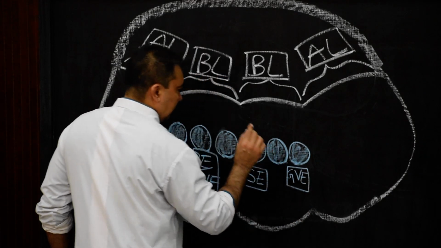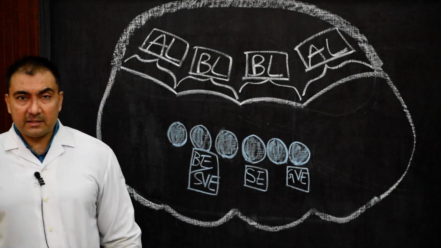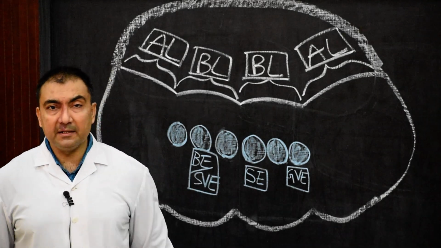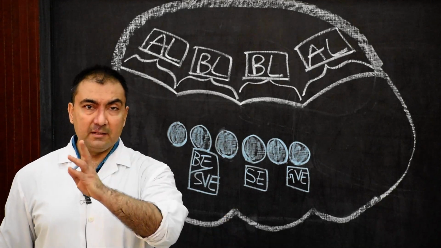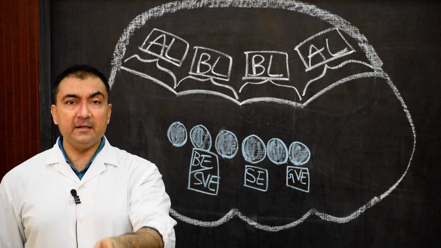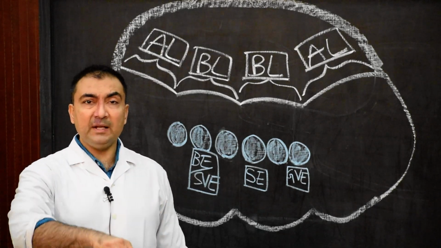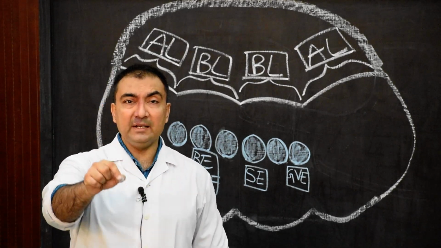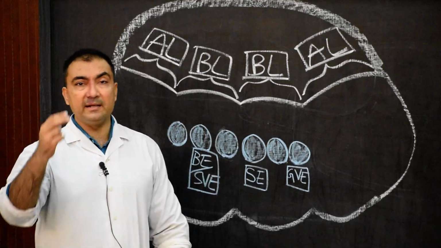This general visceral efferent will develop into those cranial nerve nuclei which will supply the smooth muscles of the alimentary and respiratory tract, as well as the muscles of the heart, as well as secretomotor fibers to the glands of the body.